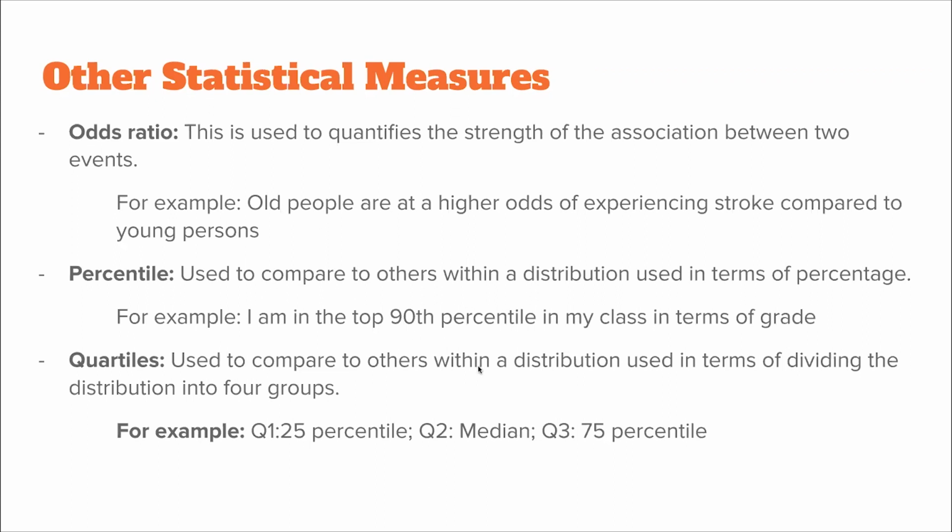So we have Q1, Q2, Q3. Q2 is like the median, Q3 is like the 75th percentile, while Q1 is like the 25th percentile. When we talk about how to identify an outlier, remember an outlier is a value that goes away from the normal distribution of the data.